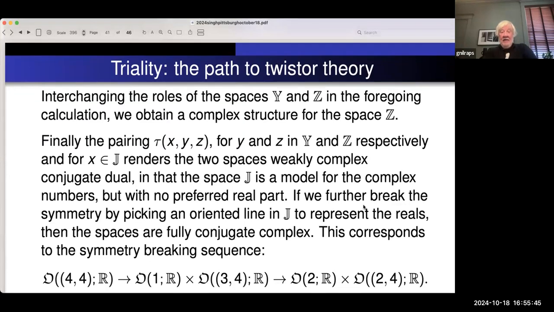But the J space has a natural complex structure, so you're actually mapping from Y cross Z to the complex numbers, okay?